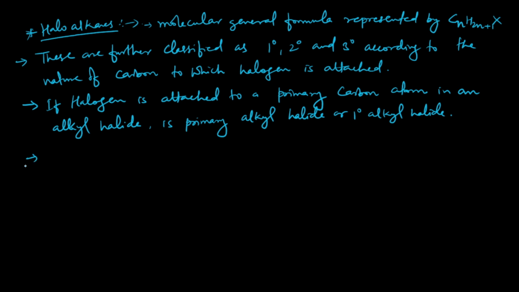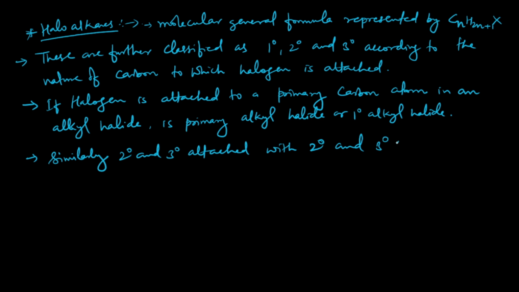Similarly, if the halogen is attached to a secondary or tertiary carbon atom, we call it a secondary alkyl halide or a tertiary alkyl halide respectively. That is the meaning.